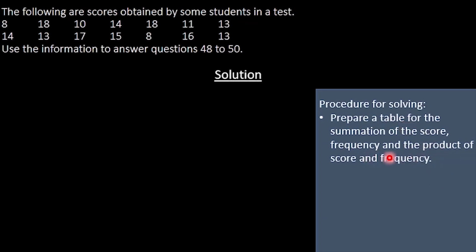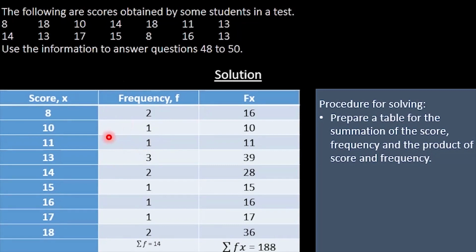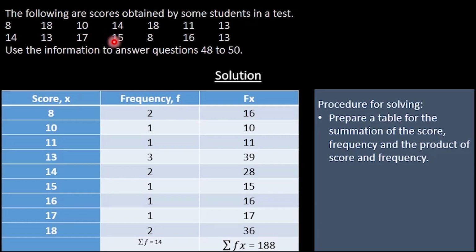8 exists 2 times, 11 appears 1 time, 13 appears 3 times, 14 appears 2 times, 15 appears 1 time, 16 appears 1 time, 17 appears 1 time, and 18 appears 2 times.